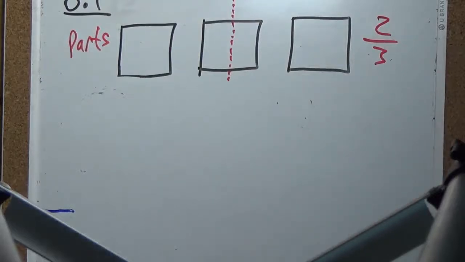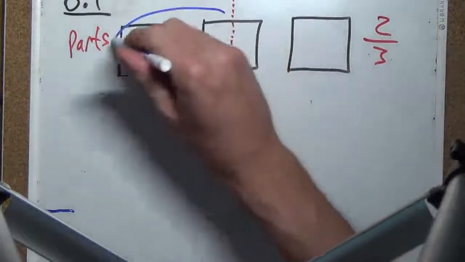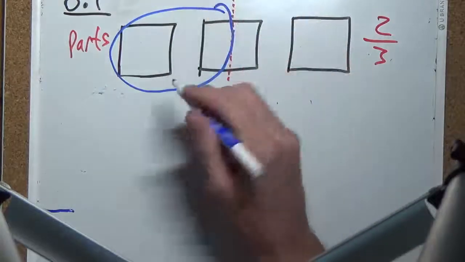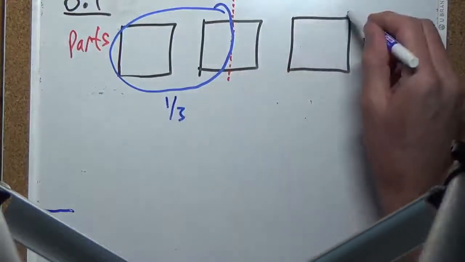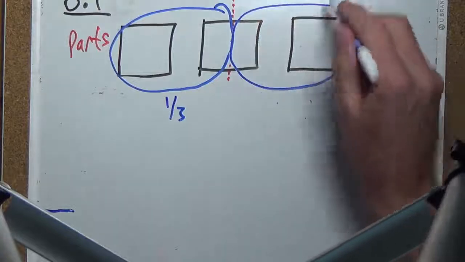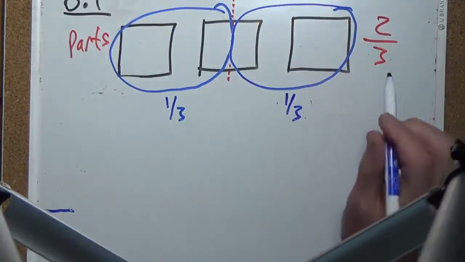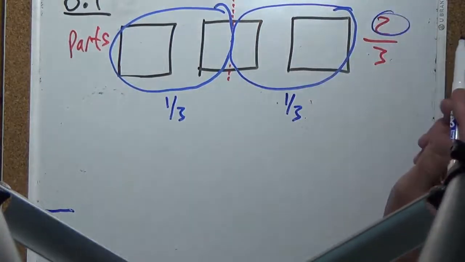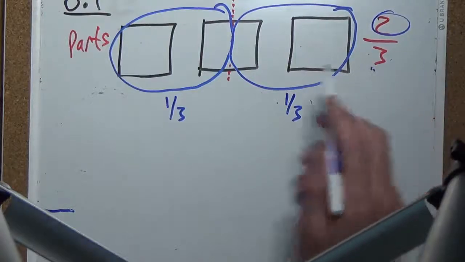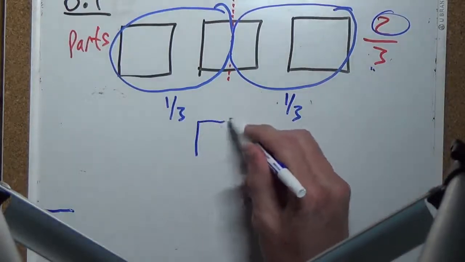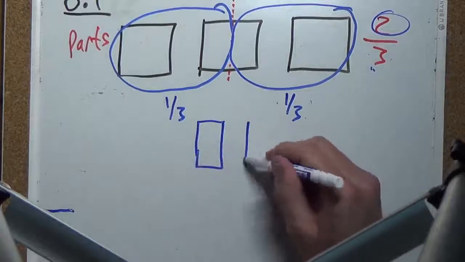So I have 2 equal pieces. So 1.5 of these squares, that's 1/3. Here's 2/3. So there's my 2. And I need one more third. I need one more half of a square and a full square.